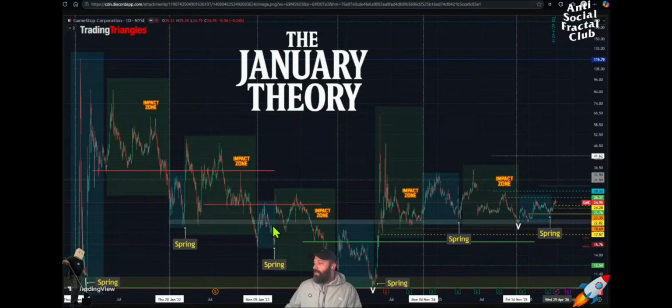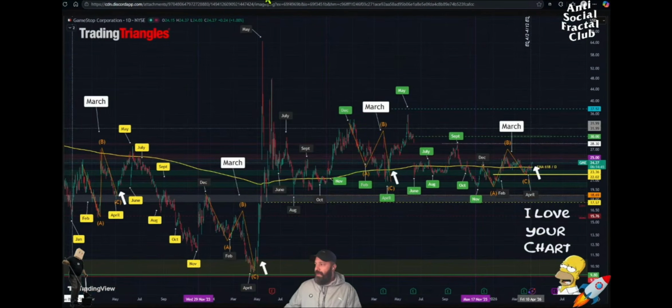Breaking down just since 2023 to now, I highlight each one of these months. Every month represents either a peak or trough. So every month either is a trough or a peak, and you're determining where you are within the year based off of each one of these iterations.